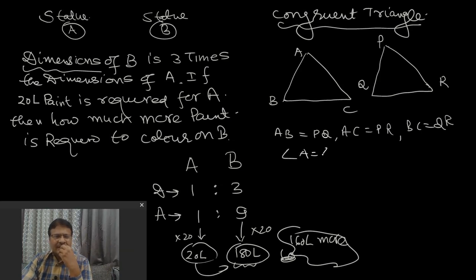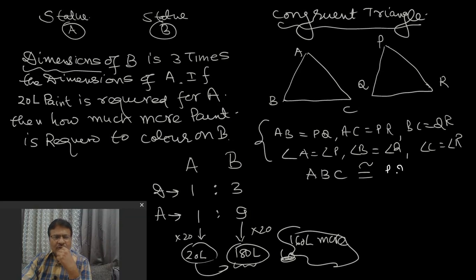So angle A equals angle P, angle B equals angle Q, and angle C equals angle R. So when exactly the same, the triangles are congruent, and we can write: ABC is congruent to PQR. Is that clear? In every respect the triangles are equal, then they are congruent.